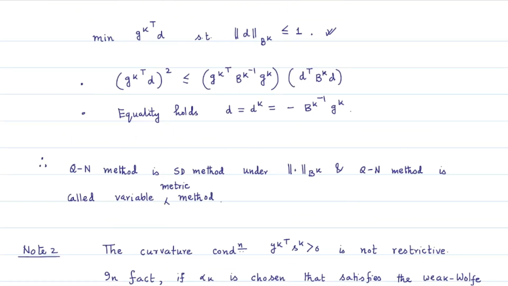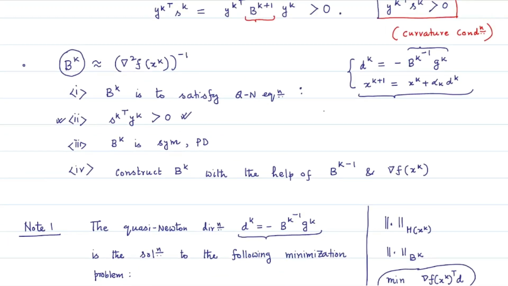Now as the next note, again we go back to the conditions to be satisfied by bk. We have taken here the first condition that bk is to satisfy the quasi-Newton equation. If we relook at the quasi-Newton equation, we see that it is bk times yk minus 1 equal to sk minus 1. This yk minus 1 and sk minus 1 are two known vectors, two given constant vectors.